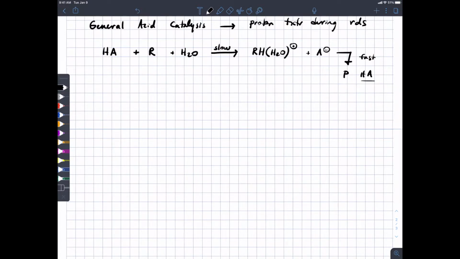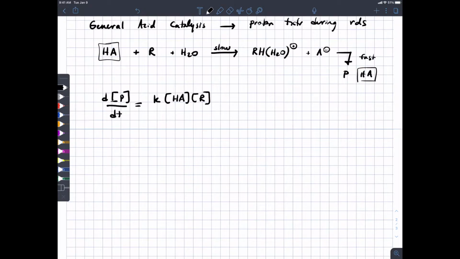And this is a feature of both specific acid and general acid catalysis. You got to regenerate the acid before the end. So the rate of formation of the product here is going to depend on some rate constant times the concentration of acid times the concentration of your starting material.